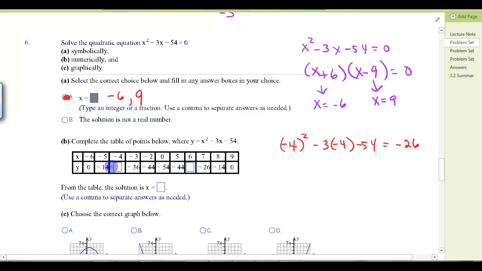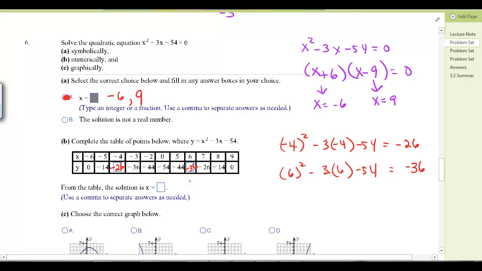So in this box is going to go negative 26. All right, in the other one, let's see, is 6. So we got 6 squared minus 3 times 6 minus 54. And I believe we get negative 36 on that one.